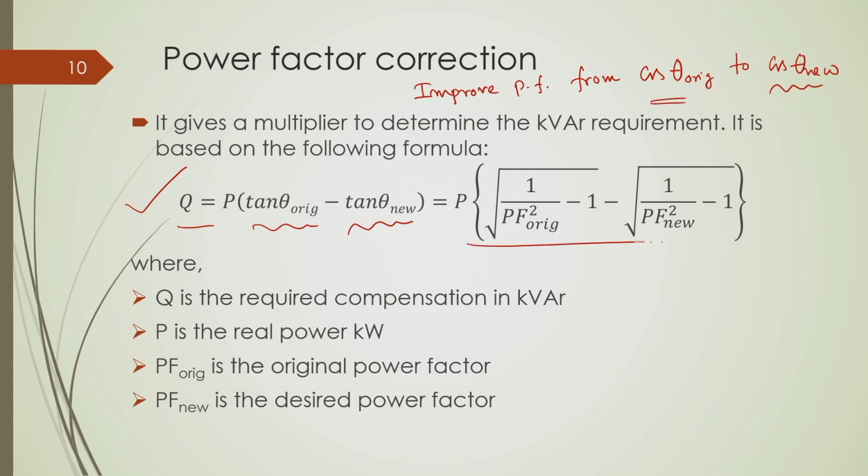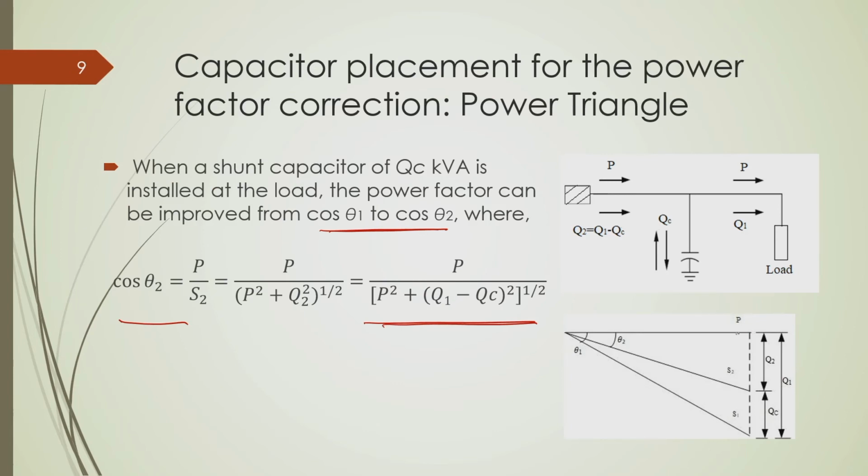You can simply express this, because this P tan theta original is representing P and tan theta. So basically this is nothing but Q 1, which is the actual reactive power demand of the load.